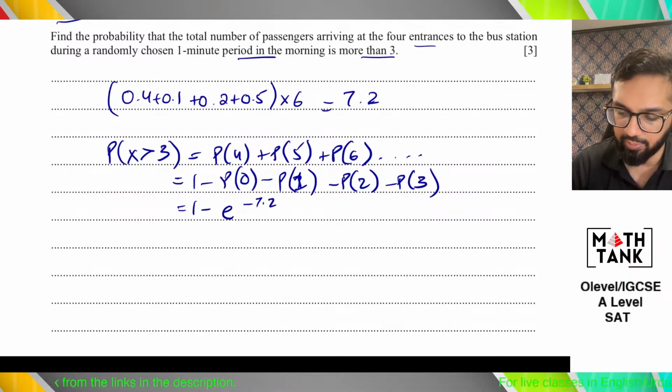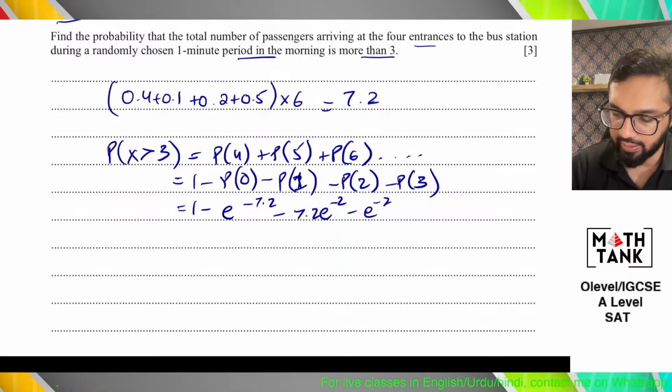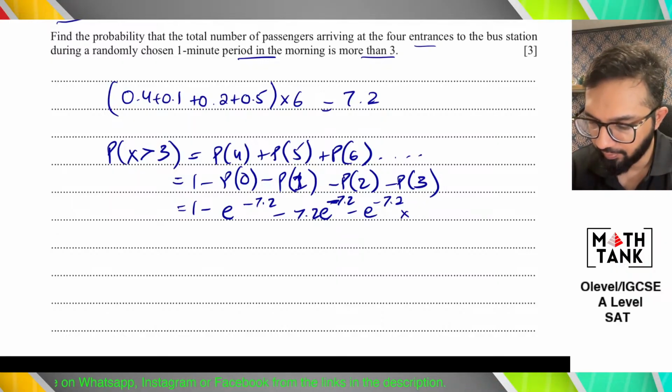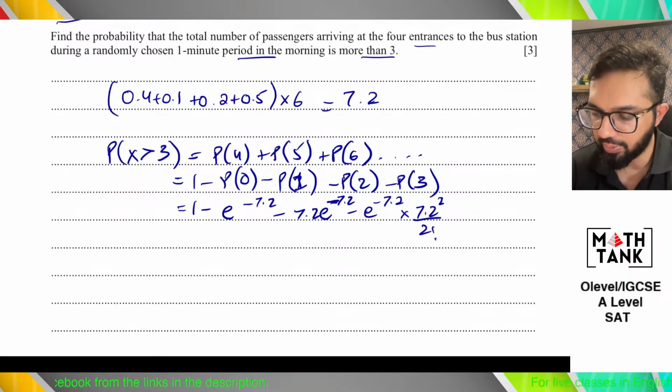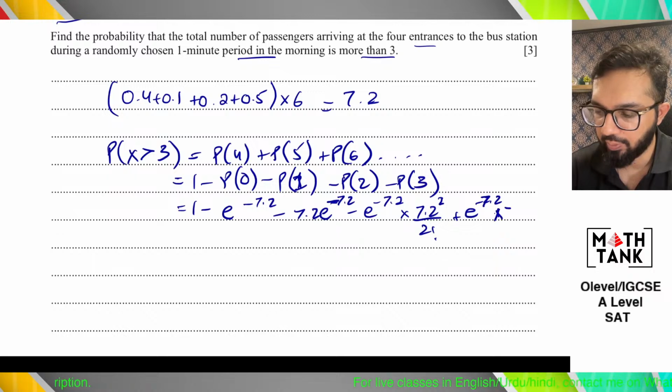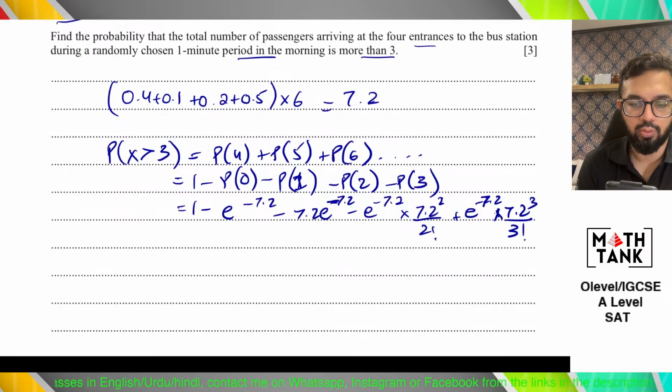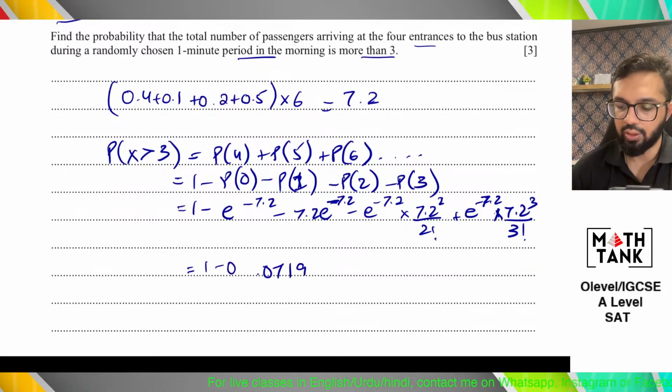So 1 minus e power minus lambda, lambda power r over r factorial, summed for r equals 0 to 3. 1 minus 0.0719 gives 0.9281.